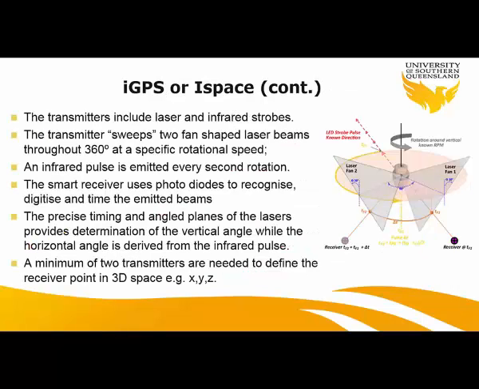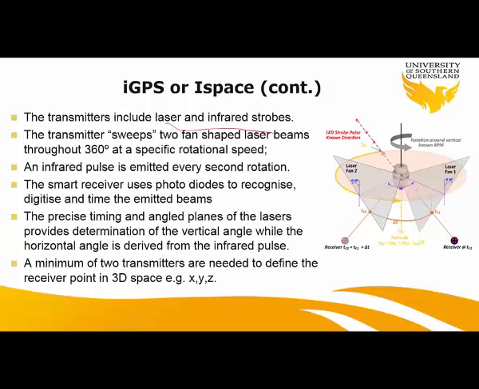This is the segmented view of iGPS or iSpace. Basically, the transmitter includes the laser and infrared strobes, so it transmits both laser and infrared. The laser will be emitted in a 2-fan shape, and is basically rotating through a 360 plane.